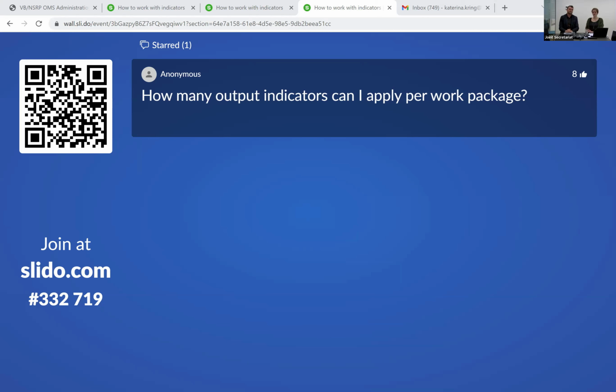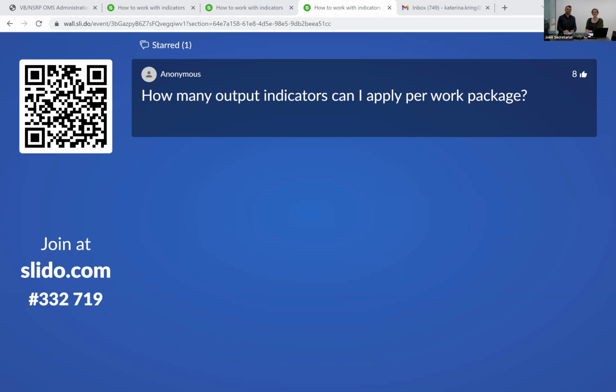But, as we have shown on the slides, there is also the option that you have only one output indicator, for example the one on pilots applied for one work package, and the one on strategies, action plans applied for the second work package. So it really depends on your individual structure. Exactly. You can separate the different types of outputs in different work packages, or you can choose two different outputs and output indicators in one work package if it makes sense. I hope that was the answer to your question.